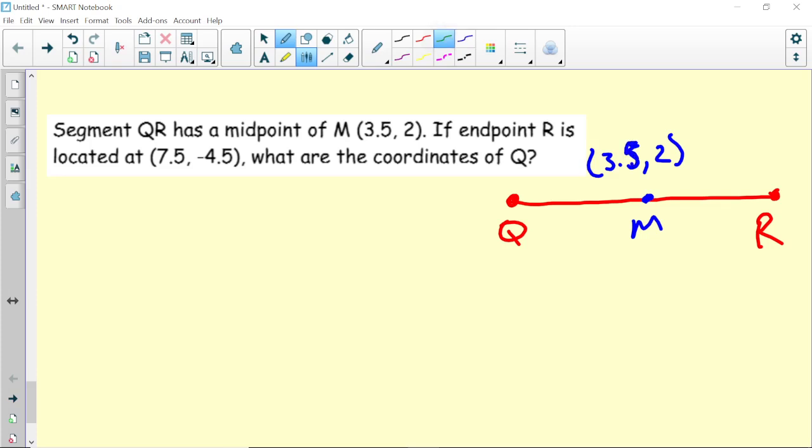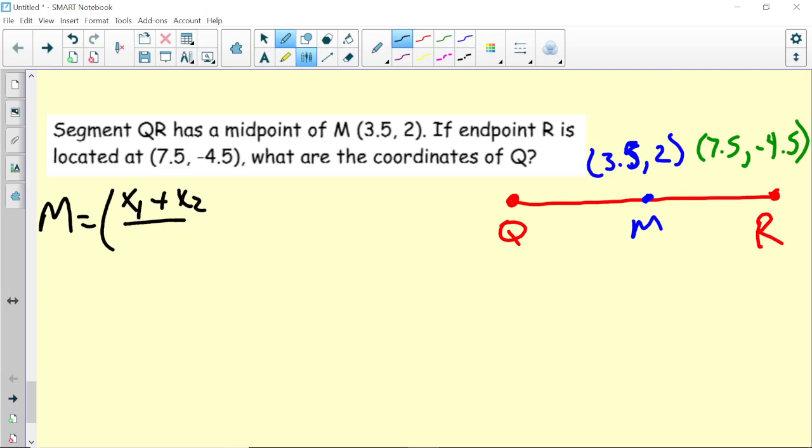And endpoint R is at 7.5, negative 4.5. So I'm looking for the other endpoint. So when I think about that midpoint formula again, M equals x1 plus x2 over 2, comma y1 plus y2 over 2.